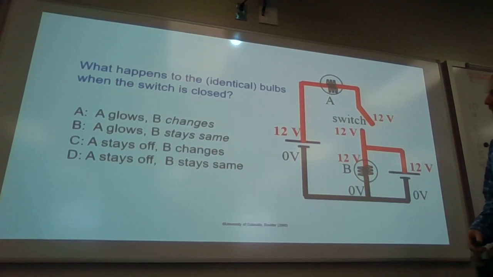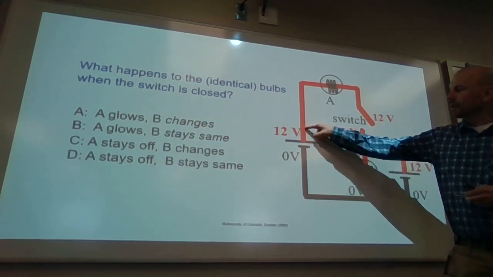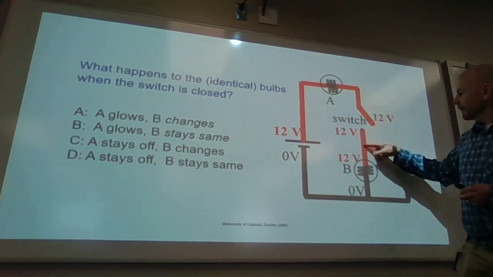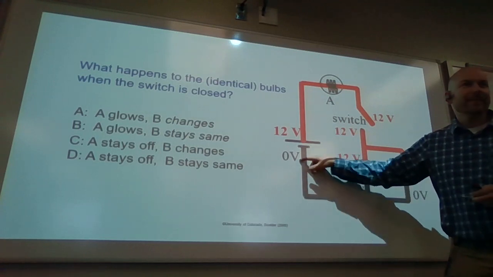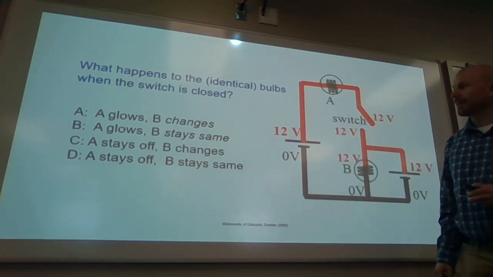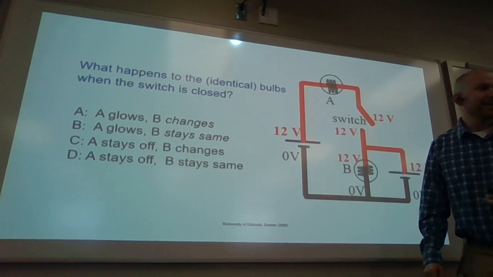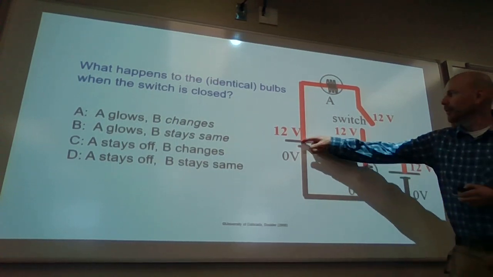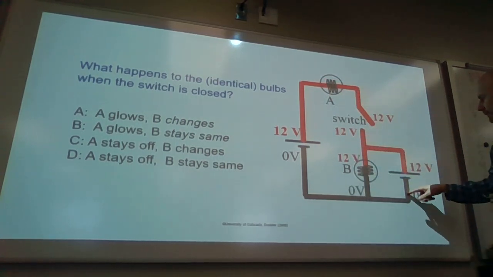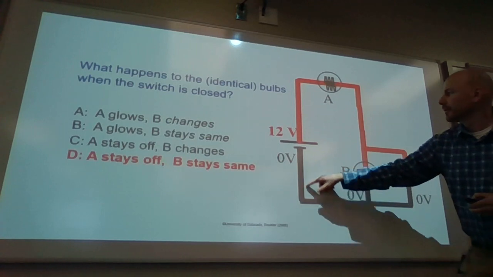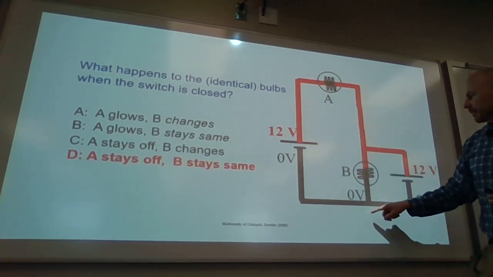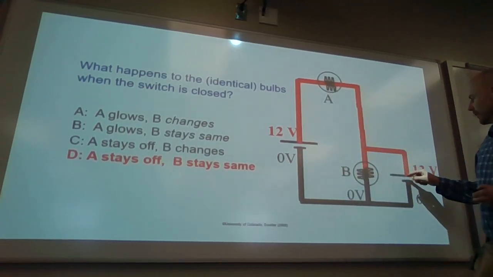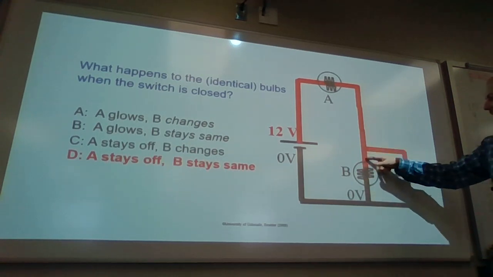We can do a loop rule. Voltage gain. Voltage drop. A stays off. There's no current, so the junction rule need not apply because we're adding 0. That's trivial. Okay, we can do this loop rule.